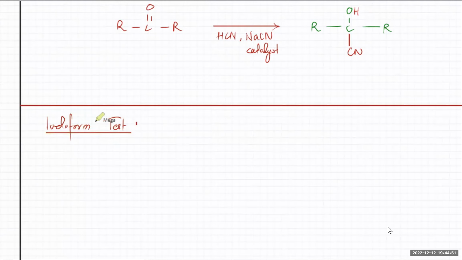The iodoform test is a test for identifying a structure, not a functional group. And that specific structure looks like this.